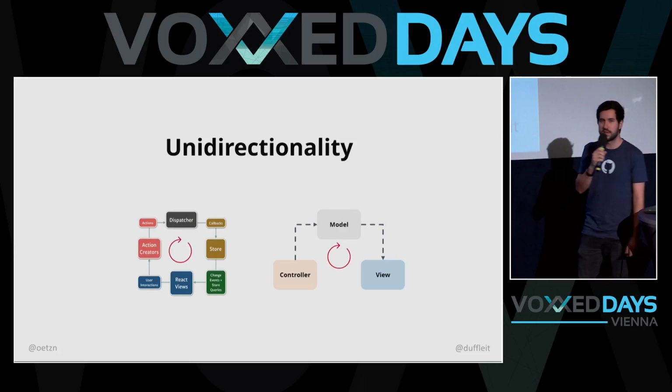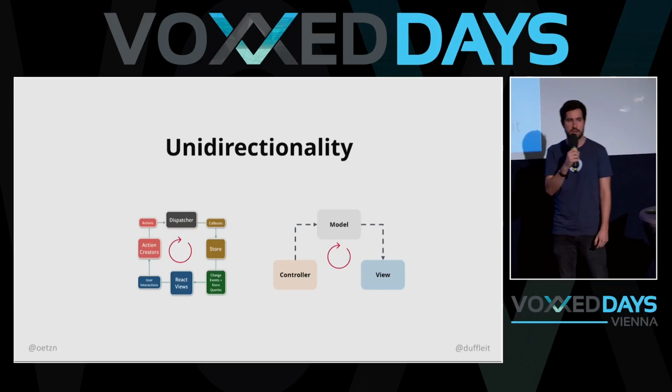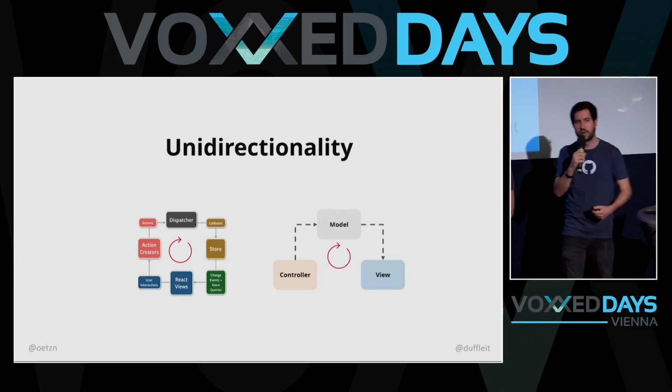Not every UI state management framework is unidirectional. If you think of MVVM, for example, implemented by Angular, you have binding, and binding is always bidirectional. Then you don't have this nice circle where you always know where your data comes from, because you're not quite sure which of the two parties updated the state.